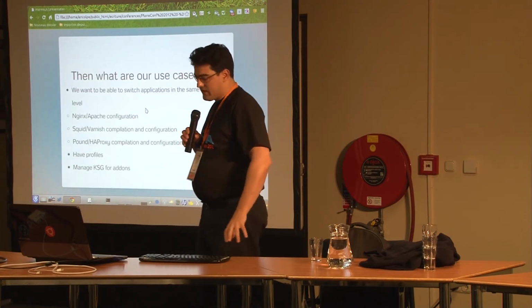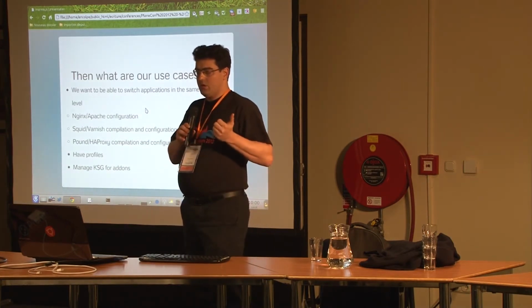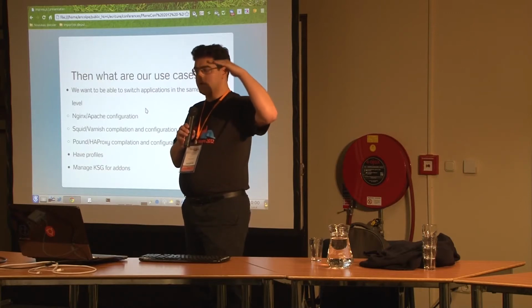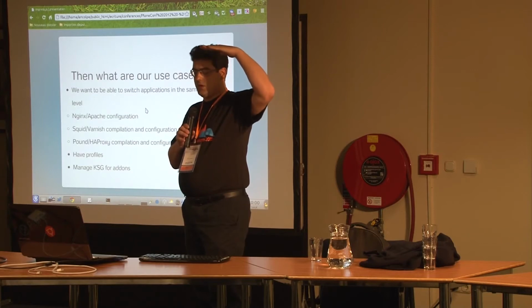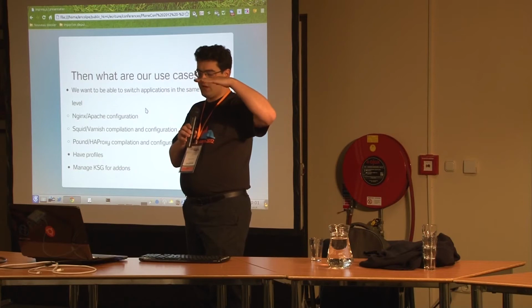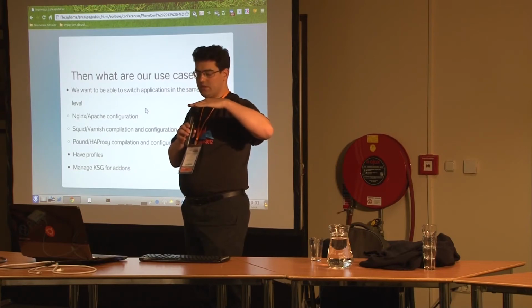So what do we need to do for this scale? We have some levels in the stack. First, Nginx or Apache. Then, for the cache, Squid or Varnish. Then, Plone or HAProxy.